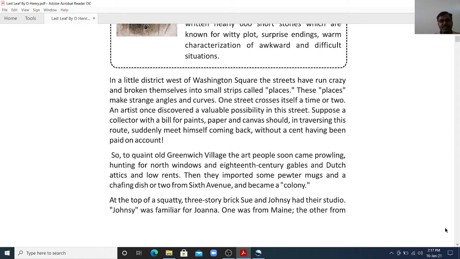Suppose a collector with a bill for paints, paper, and canvas should, traversing this route, suddenly meet himself coming back without a cent having been paid on account. So he will not know in which street he actually traveled.